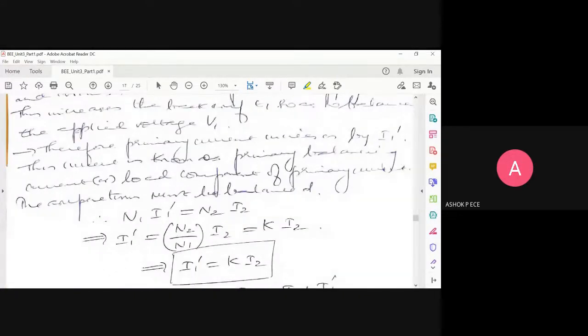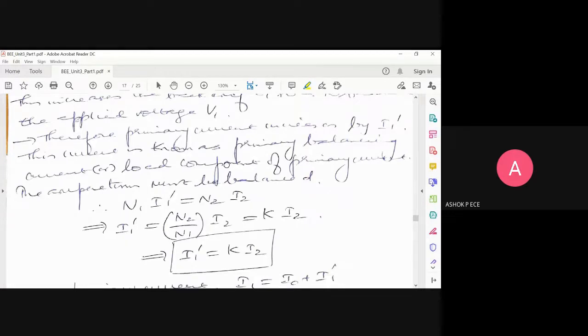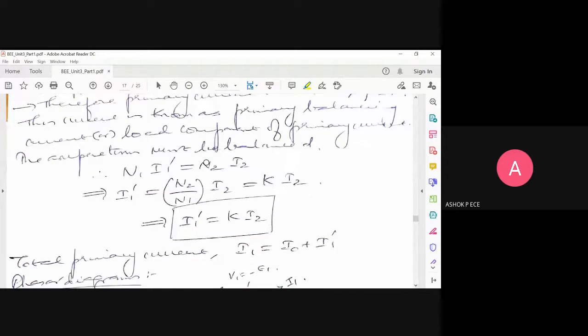As per the turns ratio we have seen in the transformer, the product of current and turns must be the same. That is called the balancing component of your transformer. On the primary side, the number of turns is N1 and the effective current is I1 dash. I1 dash is the load current, so you have to take that. So N1 into I1 dash equals N2 into I2.